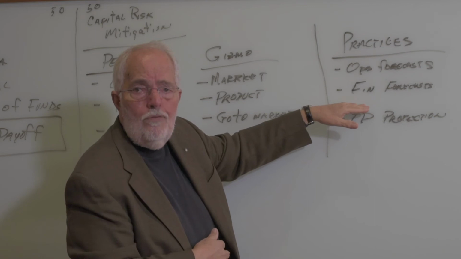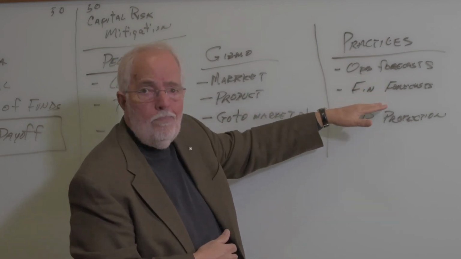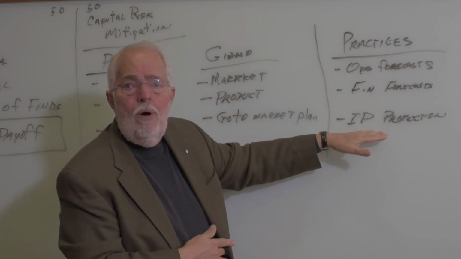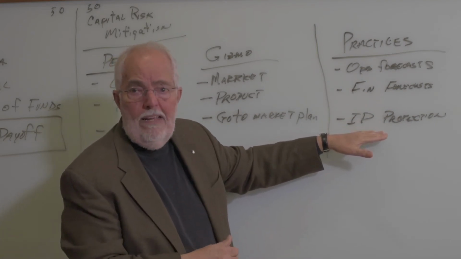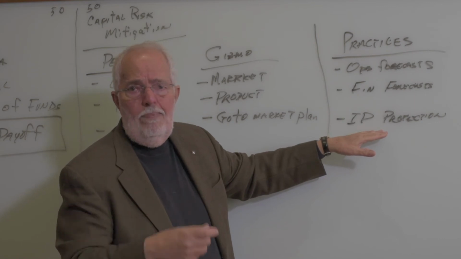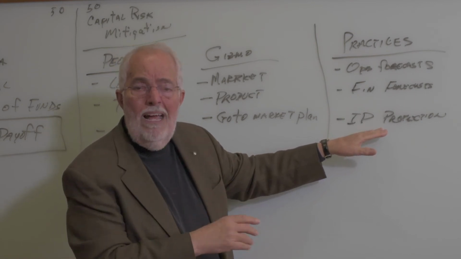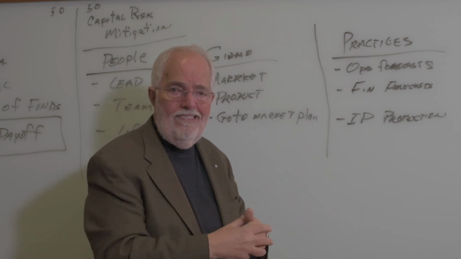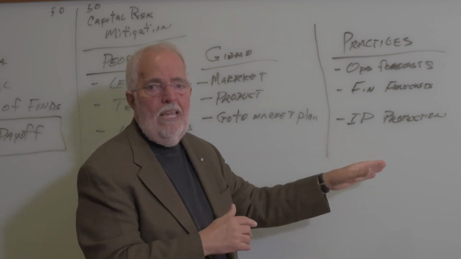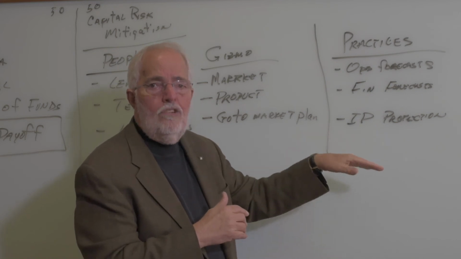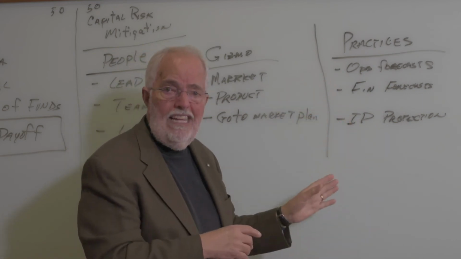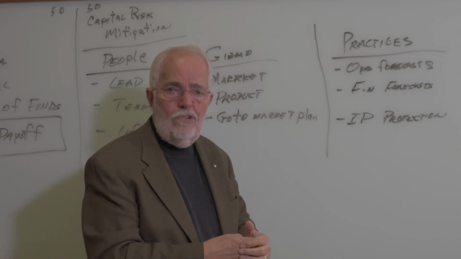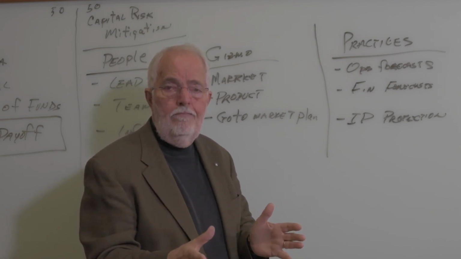Then I have financial forecasts, which come out of the operational forecasts, and those forecasts lead me to how do I go about protecting the intellectual property, customers, products, patents. There's a broad spectrum, but all of those need to be accomplished and covered in an investor presentation, because these are the most powerful risk domains. And if you can cover these in a responsible way, the likelihood that you'll resonate with investors is very high.